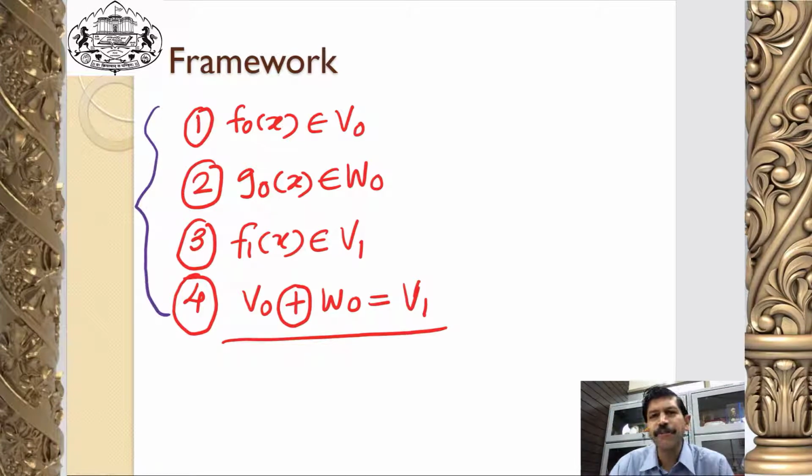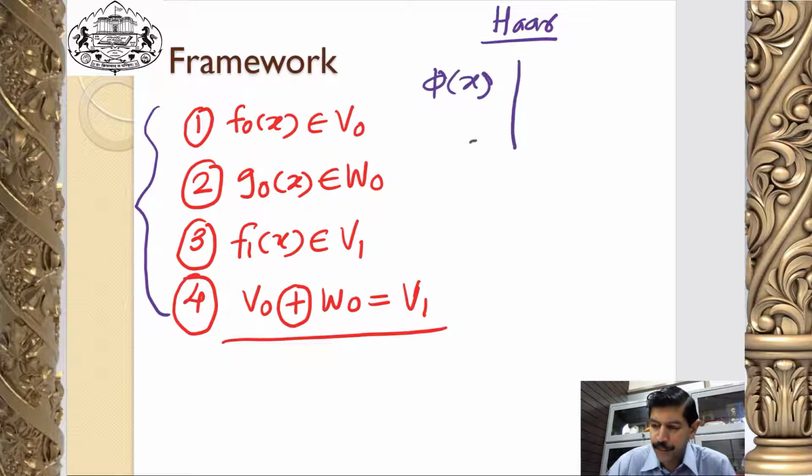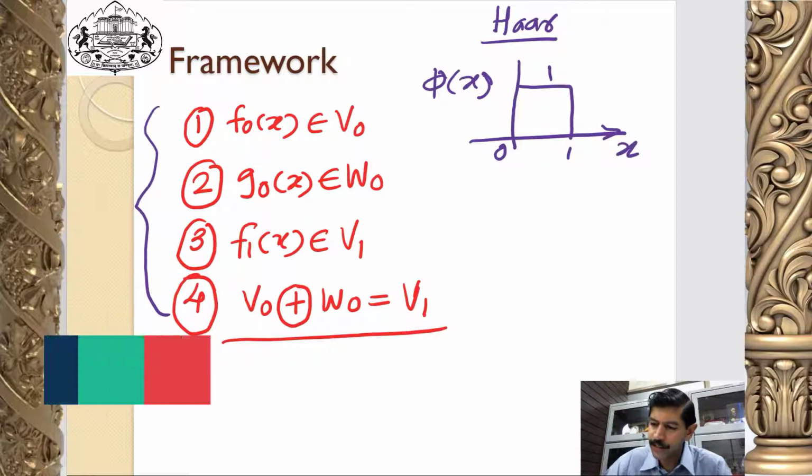Let's also figure out what phi and psi we intend to use for achieving all these four objectives. Let's say we want to keep things simple for the time being, and we will make use of the Haar scaling and wavelet function. So the phi of x in case of Haar typically looks like this. It will be 1 between 0 and 1, and it will be 0 everywhere else.